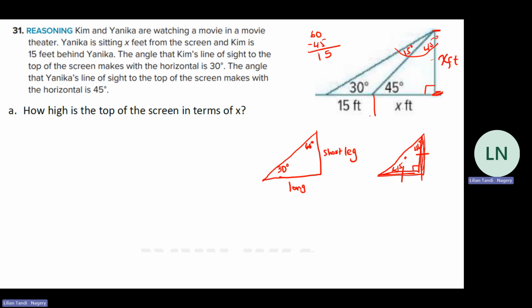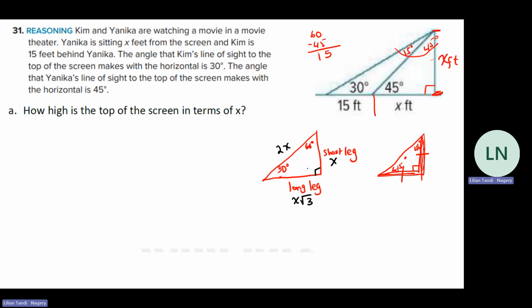Now, long leg is what? The rule. Let's write the rules. If this is X, this has to be X square root 3, and this is 2X. Okay? That is the rule for the 30-60 triangle.